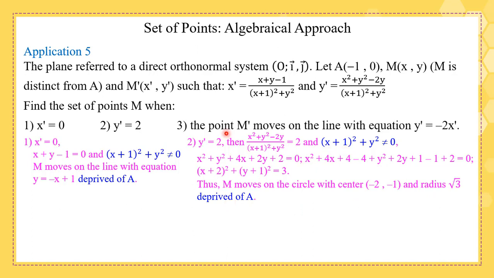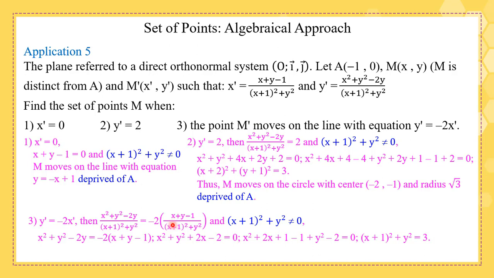Now the third part, try also to do it alone. Let's see. If M prime moves on this line means that y prime is minus 2x prime, and if we replace, we get such a relation, and this relation after simplification becomes like this.